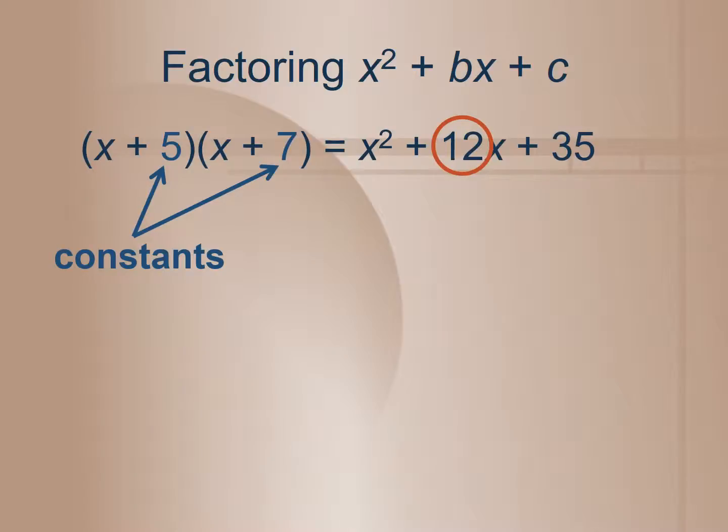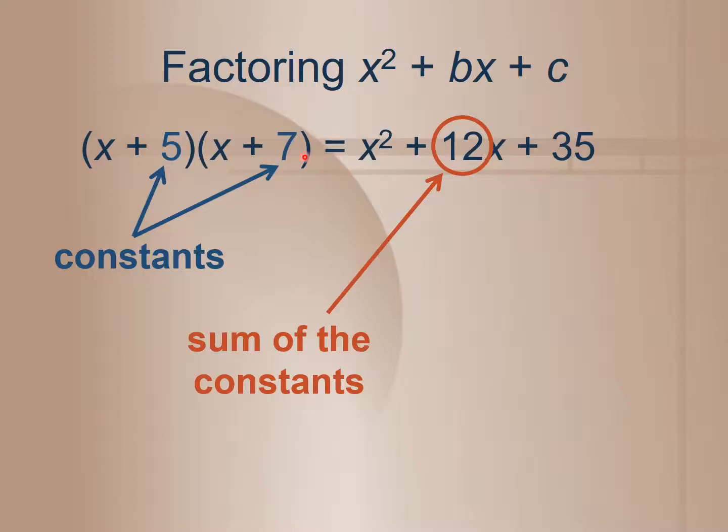Now, for any trinomial in the form of x squared plus bx plus c, this is always going to work. You're going to get your c by multiplying these constants, and you're going to get your b by adding those constants. So that fact alone is going to help us factor many trinomials.